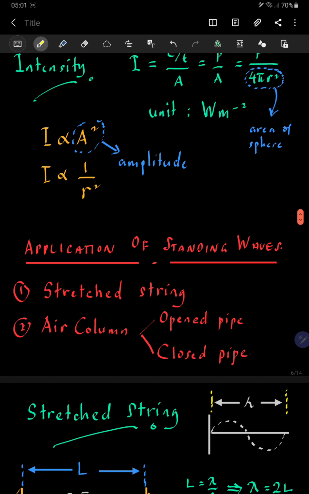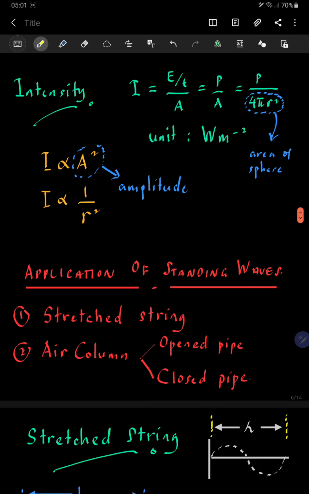The intensity symbol is I. So what is intensity? Intensity is the ratio between power and area. So this A represents area. Power is the rate of energy. So intensity is the rate of energy per unit area. And remember, the sound wave propagates in all directions, so the area should be a spherical area or surface.